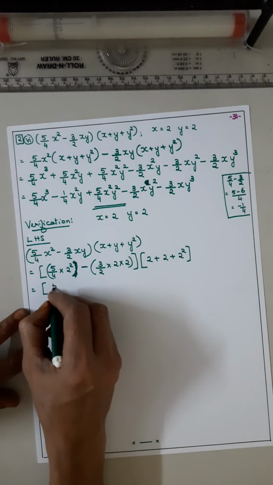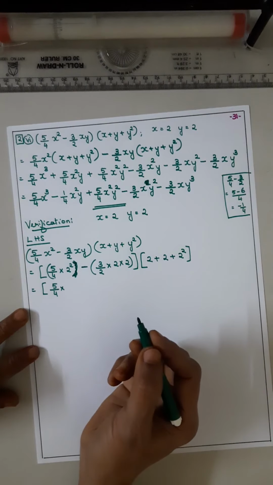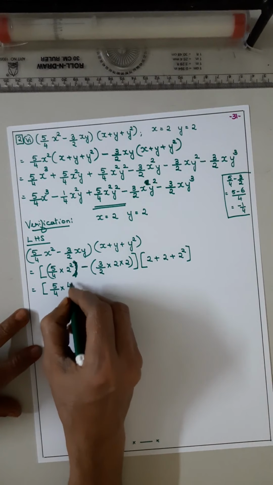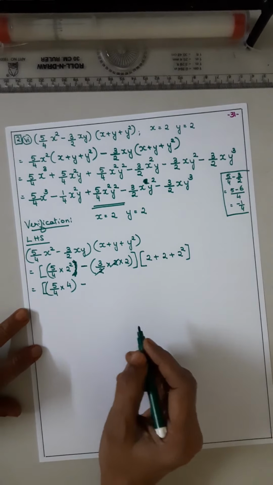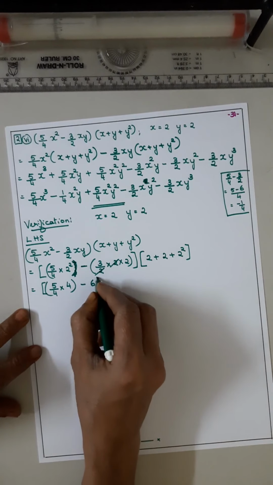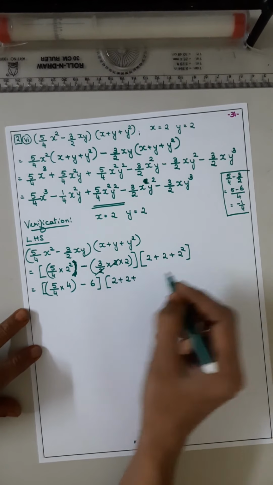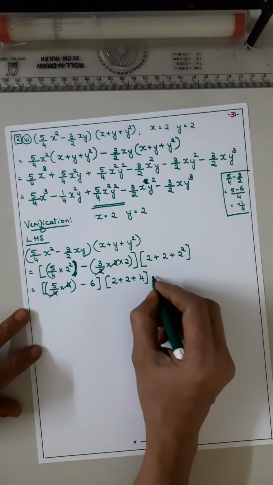Now find the value. It is 5 by 4 into 2 square, that is 2 2s are 4, minus, this 2 gets cancelled, 3 2s are 6. Now 2 plus 2 plus 2 2s are 4. Now this 4 and 4 gets cancelled.